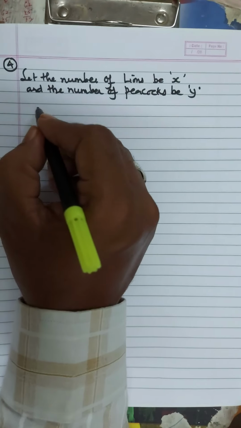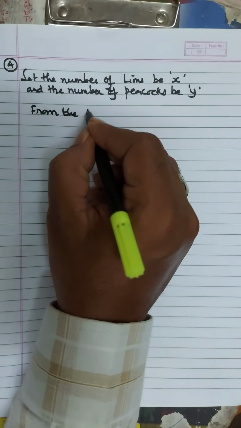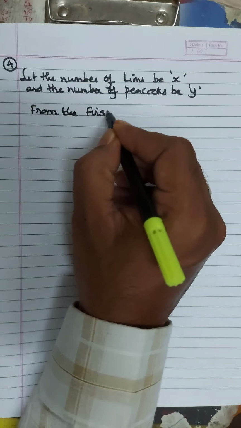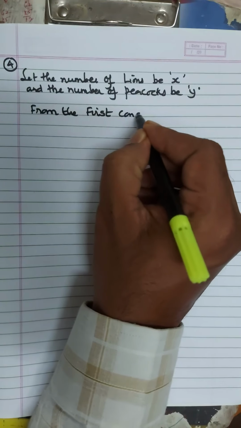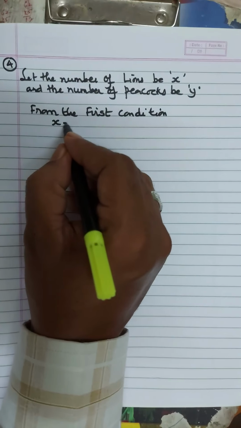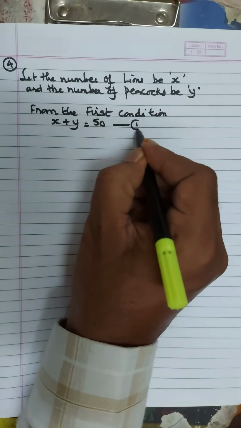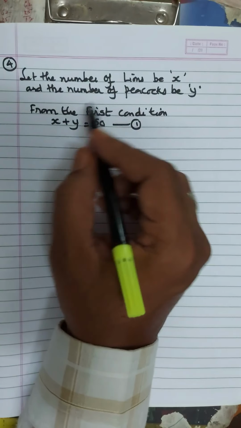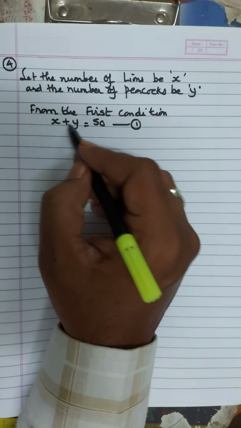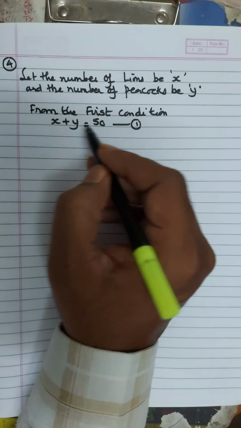So from the first condition, the number of lions and peacocks in the zoo is 50. So from the first condition, x plus y is equal to 50. We give this equation number 1. So we have assumed lion as x and peacock as y, and the total in the zoo is 50.